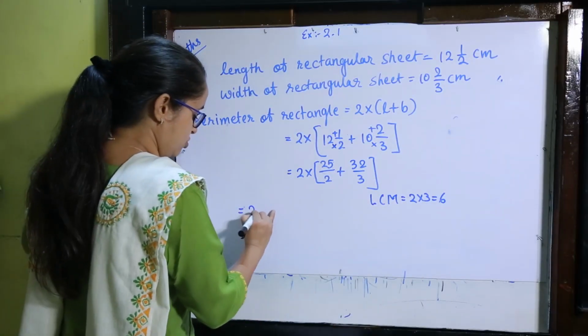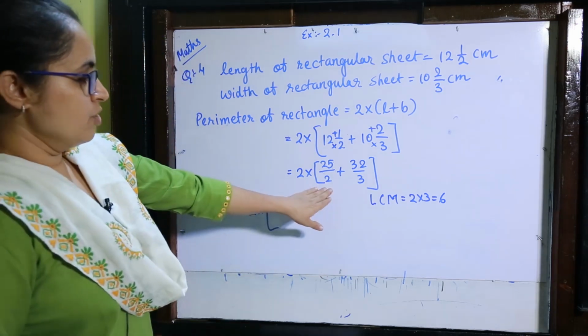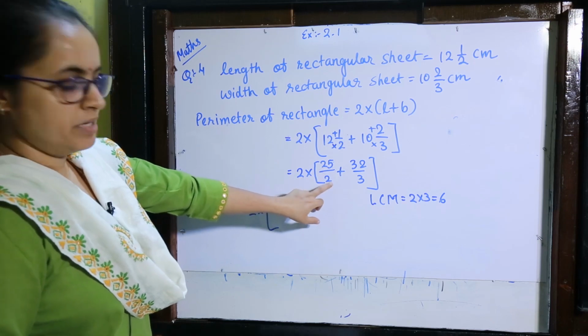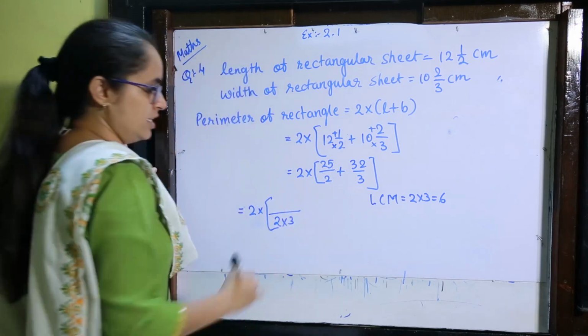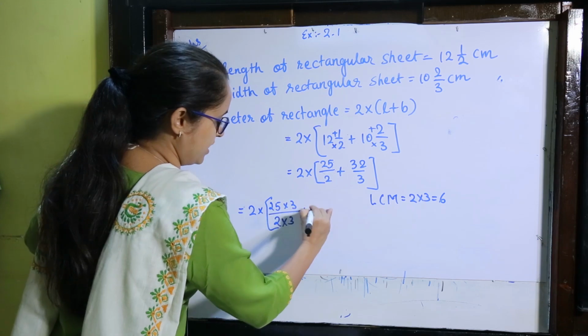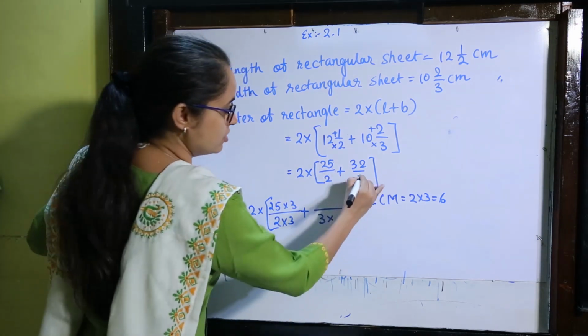Now again 2 multiplied by, now here you have to get this 6 in the denominator. So 2 multiplied by what gives 6? 3. And similarly multiply the numerator by 3. Plus here, 3 multiplied by what gives 6? 2.